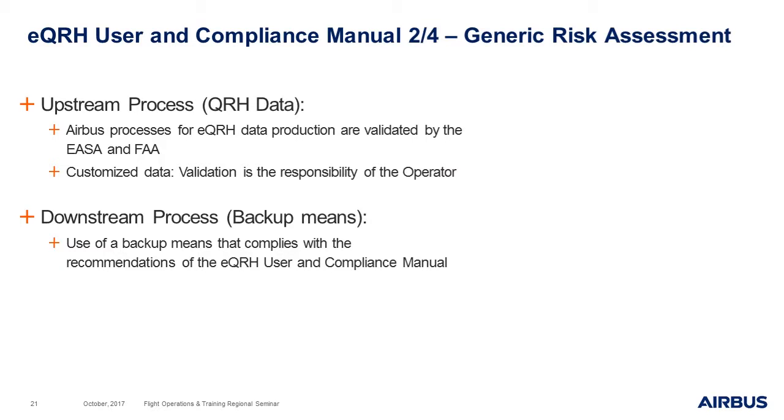Now, if you customize your QRH, you will be responsible for the validation of this specific data. The downstream processes are mainly based on the use of backup means by the flight crew in case of eQRH misbehavior, and I will come back later on the eQRH backup means.